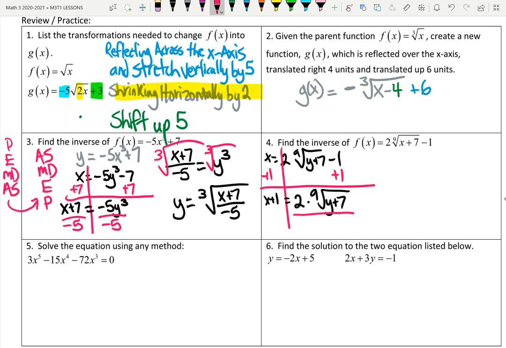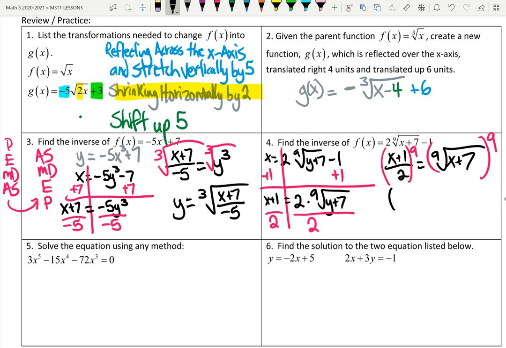I'm going to divide both sides by 2. This is going to lead me to have x plus 1 over 2, which is equal to the ninth root of y plus 7. To get rid of the ninth root, I'm going to do the opposite. I'm going to raise both sides to the ninth power.